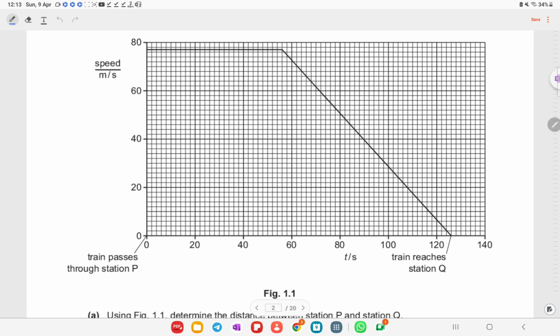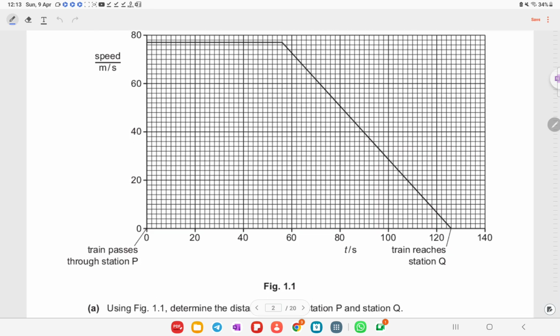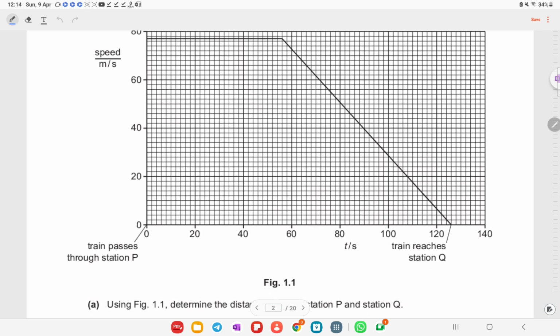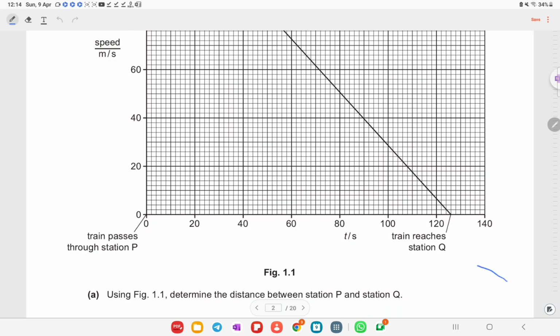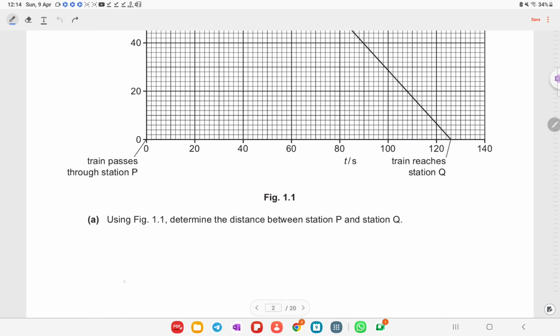Now you must have learned that this is a trapezium, so you just apply the formula. The area of a trapezium equals 1 over 2 times the sum of parallel sides.